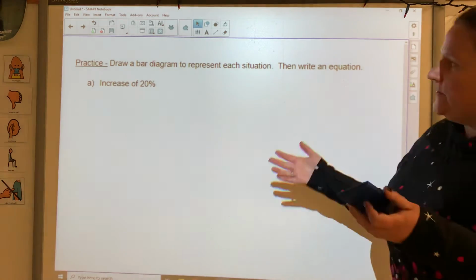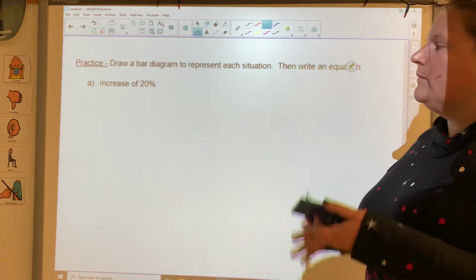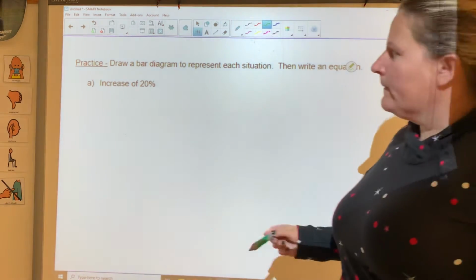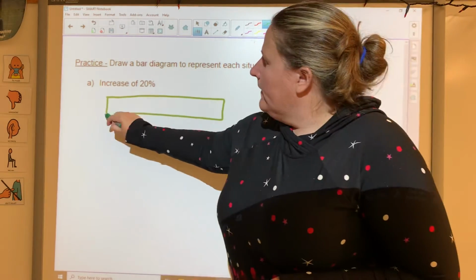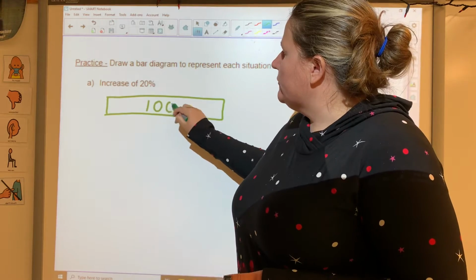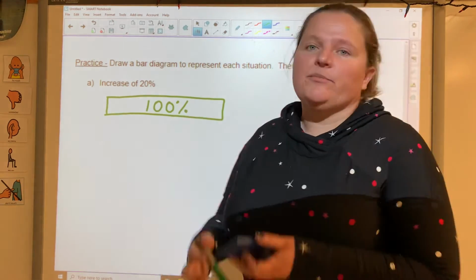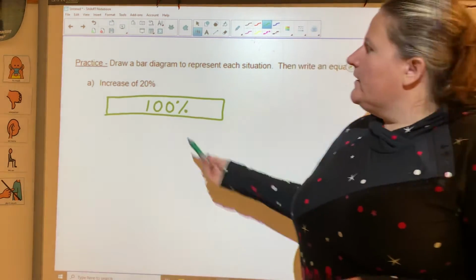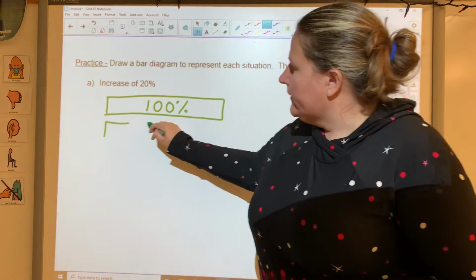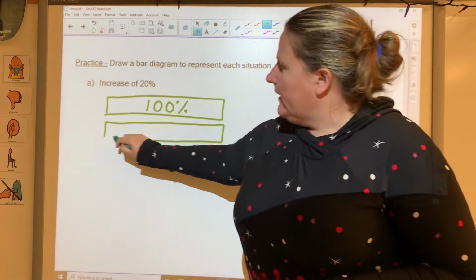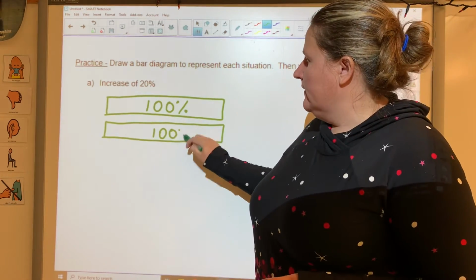And your first one is an increase of 20%. So remember, an increase is getting bigger. So I'm gonna start by drawing a tape diagram. And this is my 100%, so that represents the whole. Now we have an increase of 20%, so that means my new number, whatever it is, is gonna be that 100%, right?